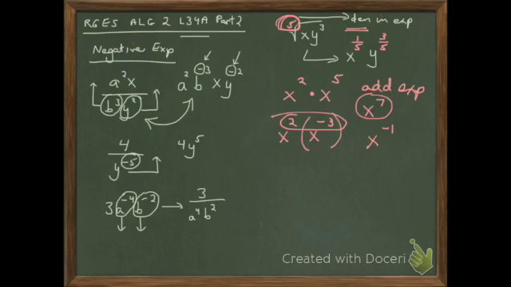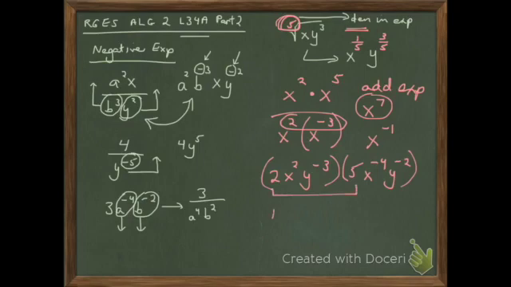What if I had something a little more complicated? Let's say I had 2x squared y to the negative 3 times 5x to the negative 4 y to the negative 2. I'd multiply. I'd add exponents for my x.